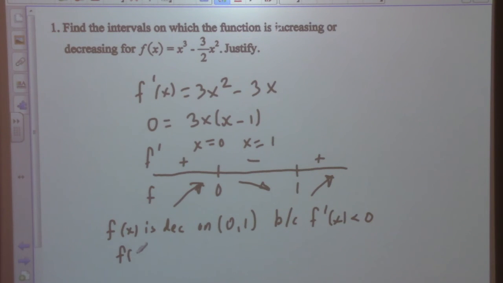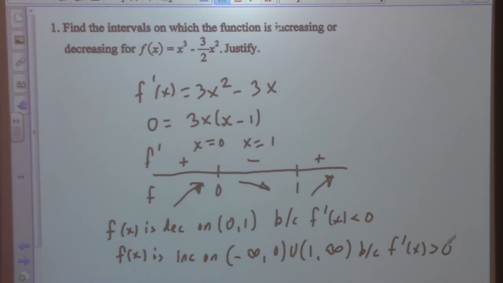And f of x is increasing on negative infinity to 0, and then 1 to infinity, because f prime of x is greater than 0.